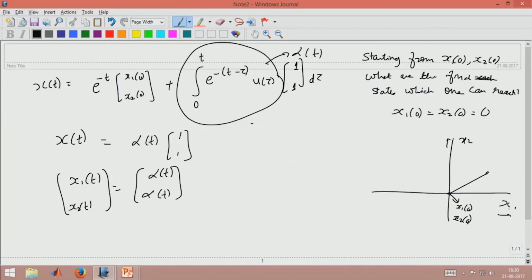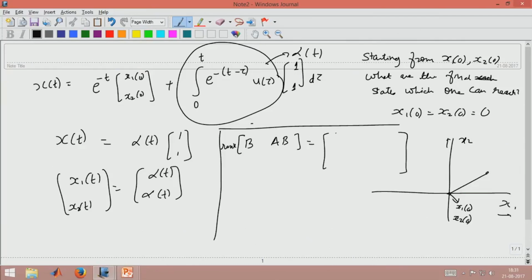For all other values, I can see that the system is controllable. So I could just compute the B matrix, AB, and check for its rank. This will be some matrix. B is 1 over R1 C1, 1 over R2 C2. A times B, what is this?